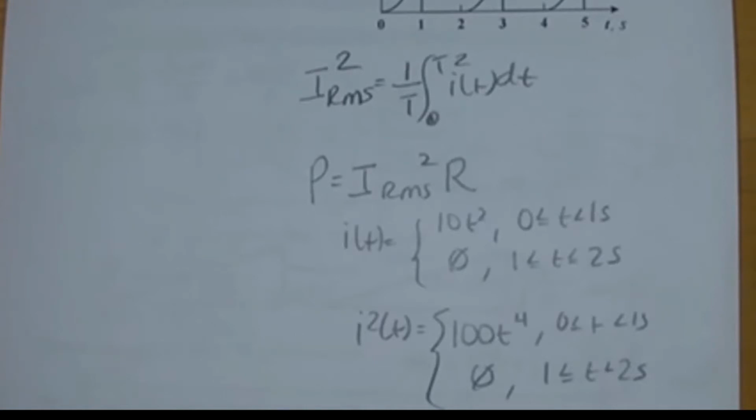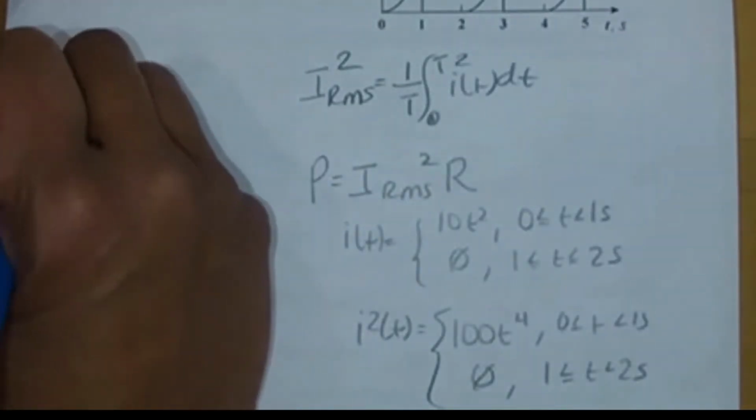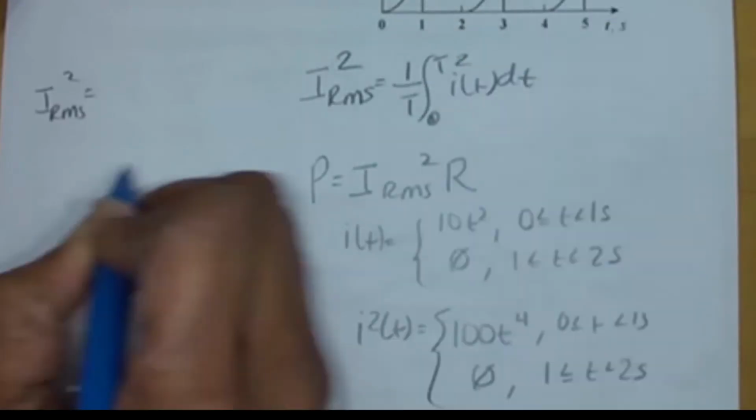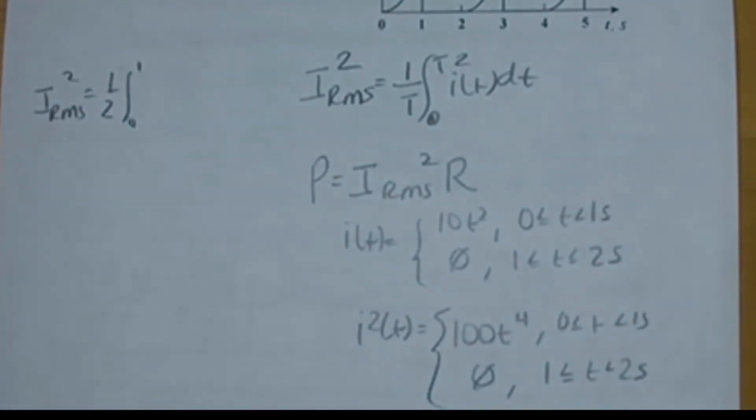Okay, what am I going to do next? Take the integral. That's right. So what's my period? The period is 2 seconds. So I'm going to have 1/2, but I'm going to integrate from 0 to 1 because 1 to 2 is 0.